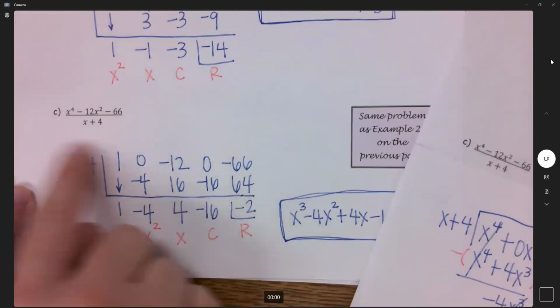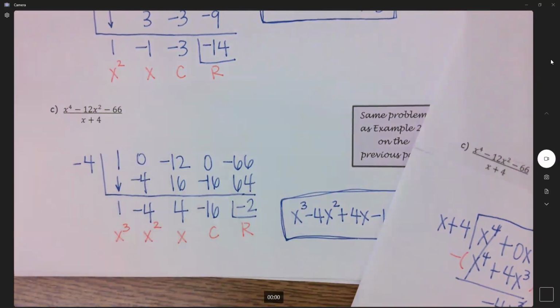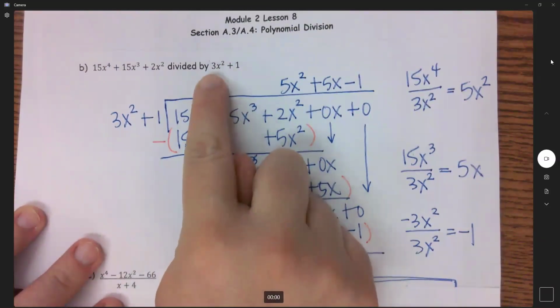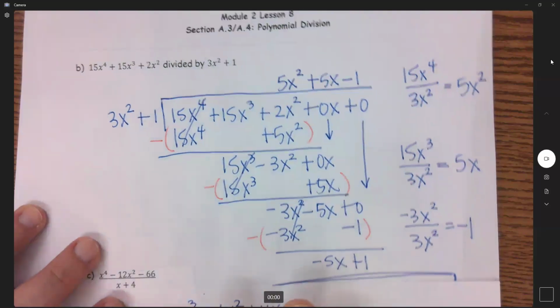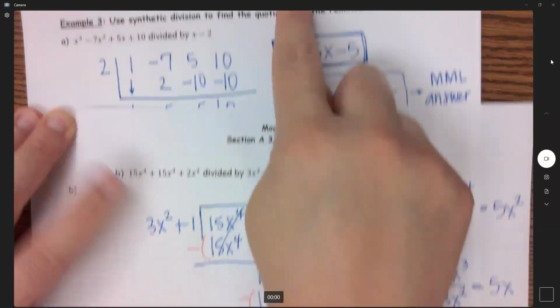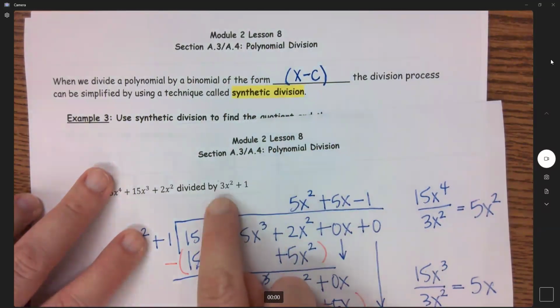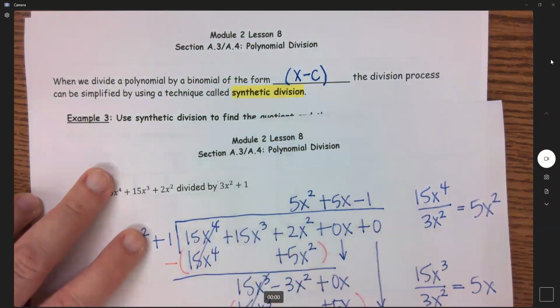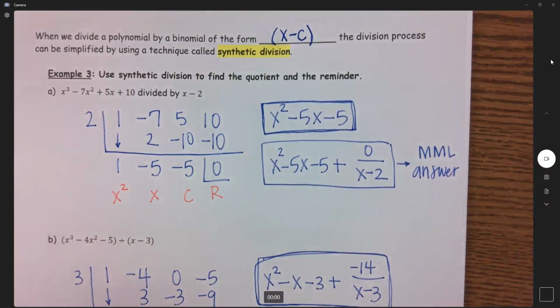So even if you come to a problem that says use long division, I am fine with you using synthetic division. Now, when you get to a problem like this right here, and it says 3x squared, and it says use long division, you have to use long division because this isn't in this form of x minus c. You have an x squared. But use synthetic every time you can because it's a lot quicker and we make a lot fewer mistakes using it.